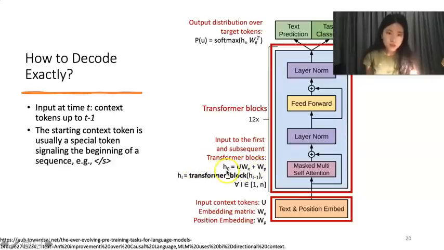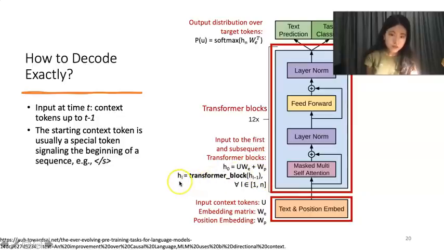And this hidden state input will go through all this self-attention, layer norm, and all the other operations, and you will get an output after your transformer block.